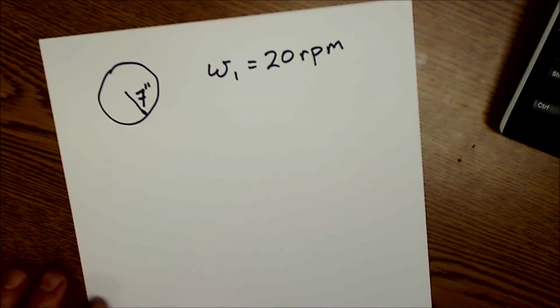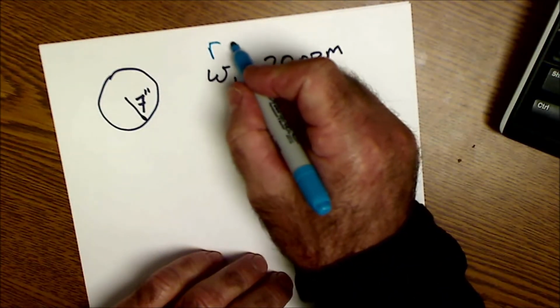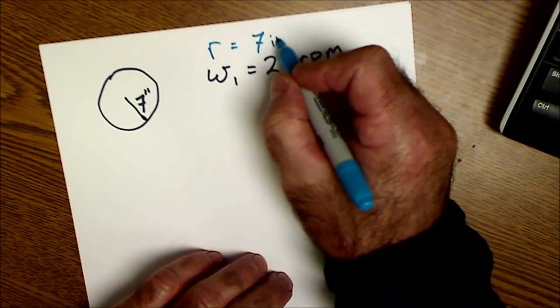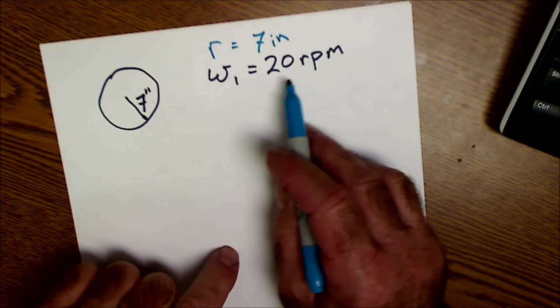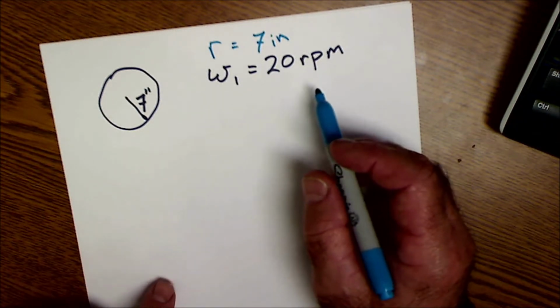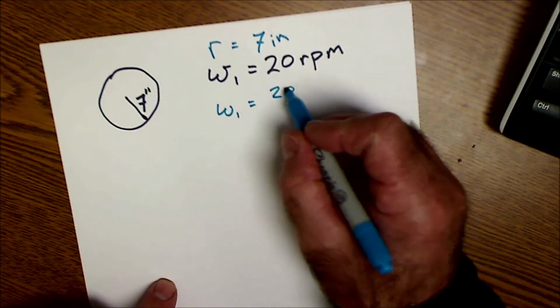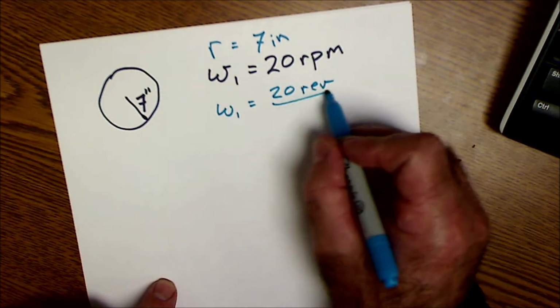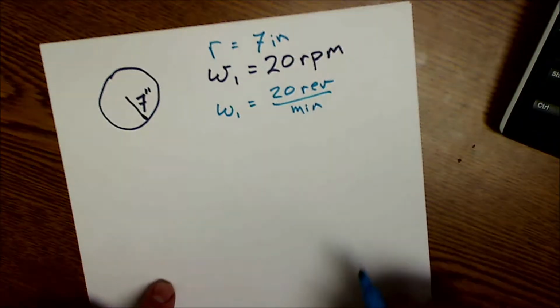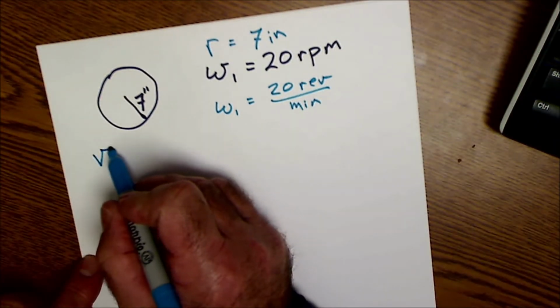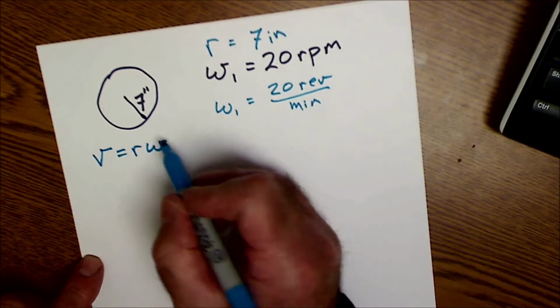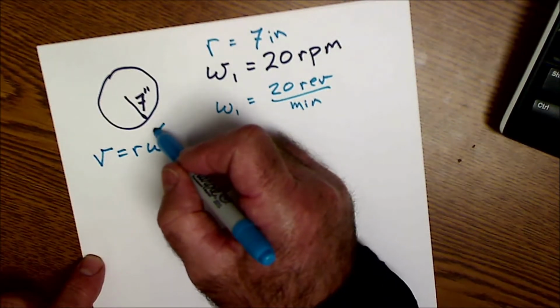Let's do this problem right here. Let's say I have a circle with radius equal to 7 inches, and the angular velocity is 20 RPM, 20 revolutions per minute. Try to draw out your fractions like fractions and keep the revolutions in the numerator and the minutes in the denominator. So again, the equation is linear velocity equals radius times angular velocity, but this has to be in radians.